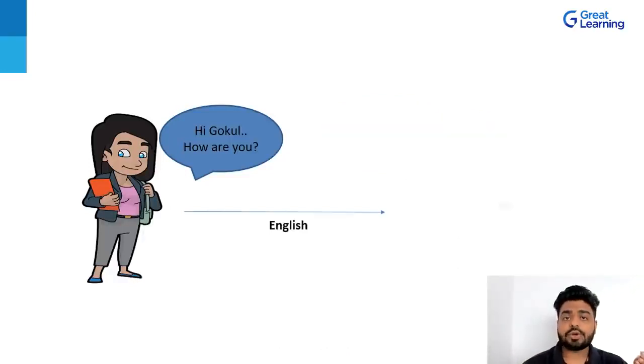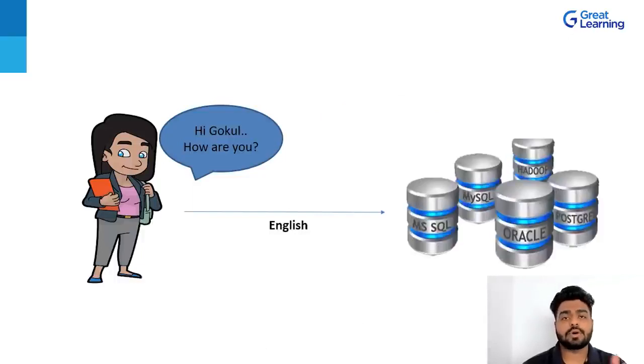Now, if I want to talk to all the DBMS software, all the databases that we have, like MS SQL, MySQL, Oracle, Hadoop, PostgreSQL, we can't use the English language, correct? We need some language to talk to these databases, to give commands to these databases, to tell the database what it has to do.